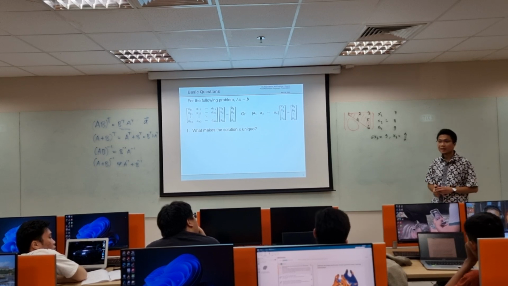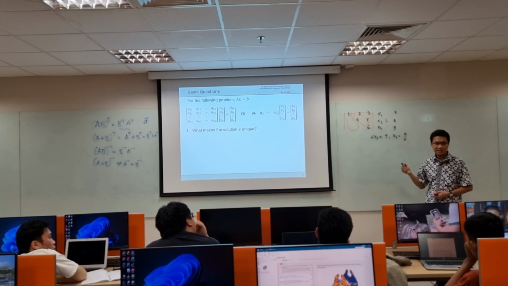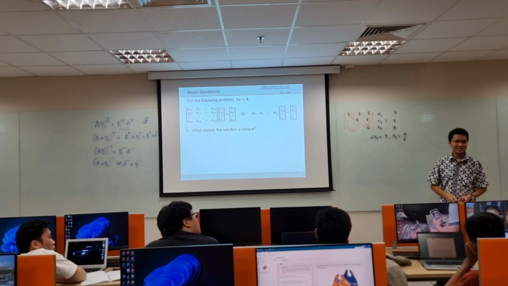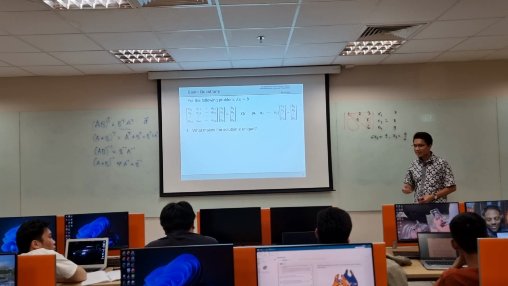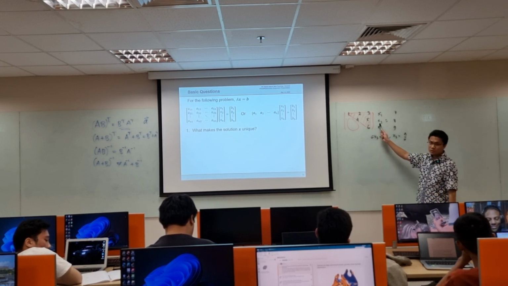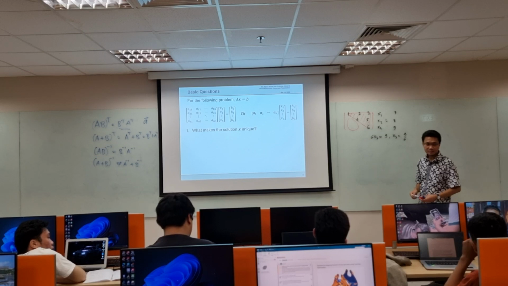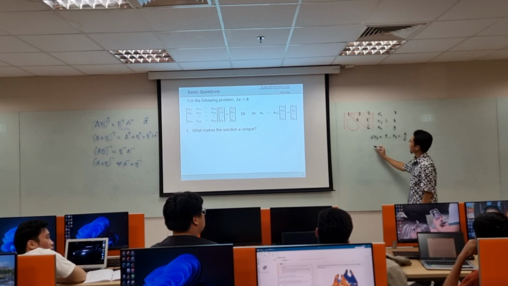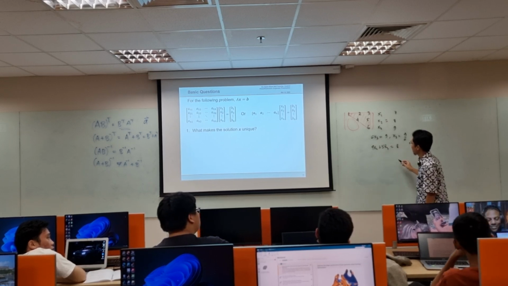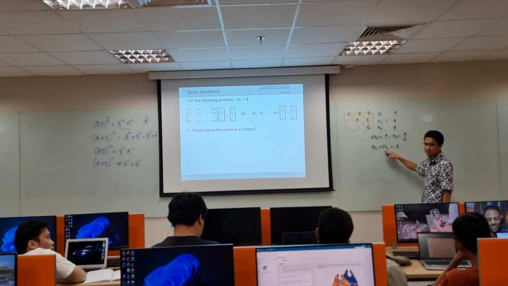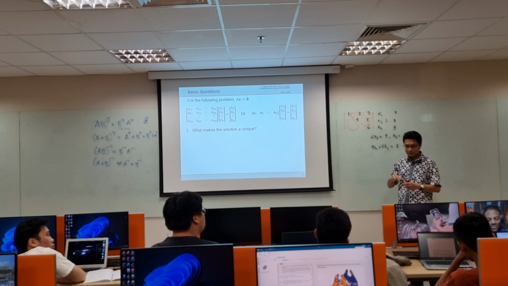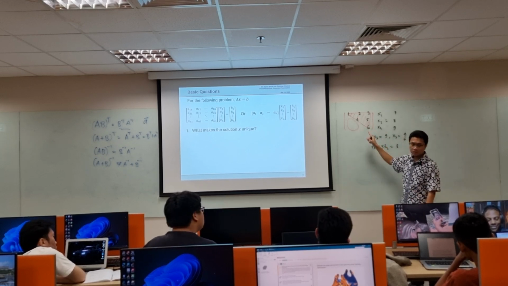That's right. What about x2? So you have 4x2 plus 5x3 equal to 8. You plug in x3 equals 9 over 6 here, you get x2. Okay, and then the same thing for x1. So in this situation, your solution will be unique.